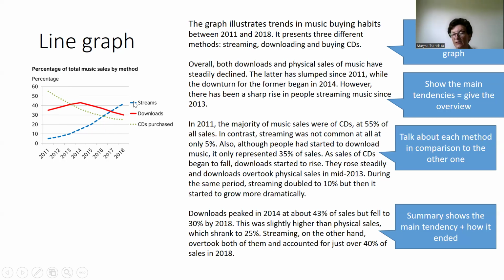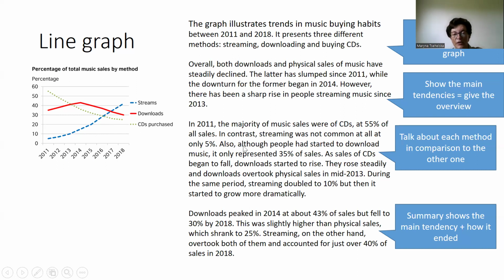Of course, we start with showing the main tendency. We give the overview. We see that both downloads and physical sales of music have steadily declined, while there was a sharp rise in people streaming music. We started with the overview of the tendencies, and then we can talk about each method in comparison to the other one, talking about each tendency.